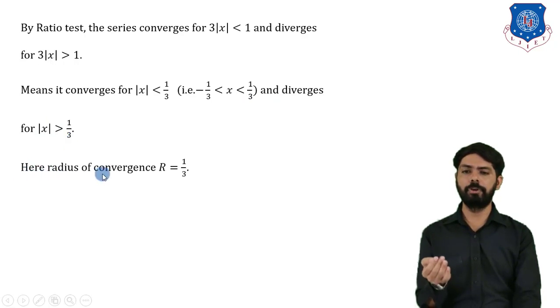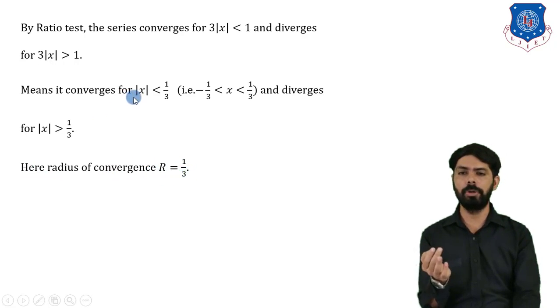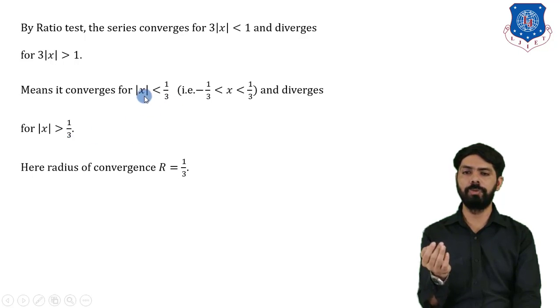Therefore here radius of convergence capital R is equal to 1/3, because the series converges for modulus of x less than 1/3 and diverges for modulus of x greater than 1/3. We compare this with modulus of x minus a less than capital R, where capital R is called radius of convergence. Therefore here radius of convergence is equal to 1/3.